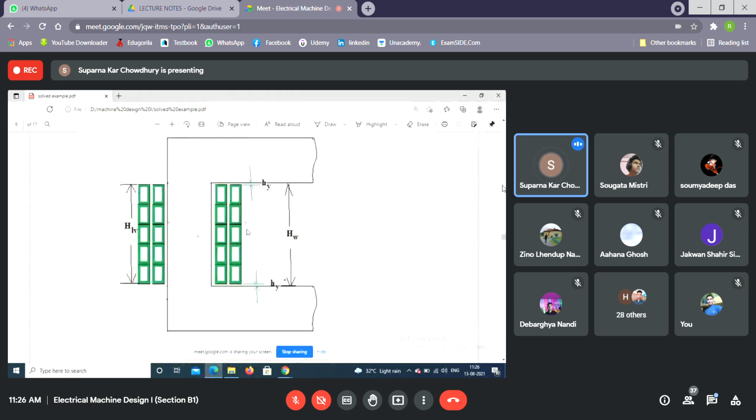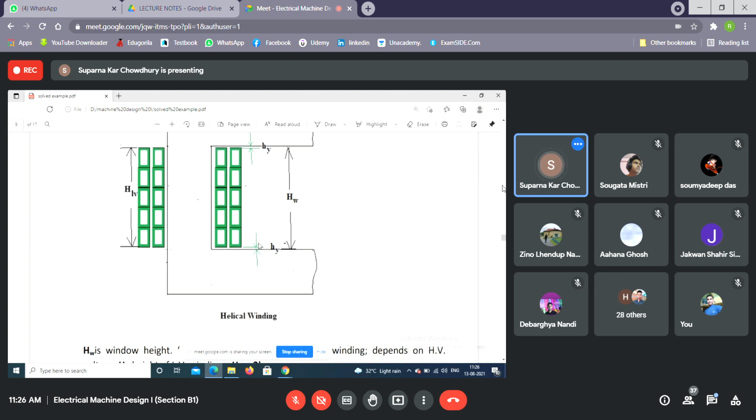That is the arrangement here. There will be a duct between these. Now how is this duct provided? Basically after the winding there will be an insulating cylinder, then spacers, then again an insulating cylinder. So between these 2 cylinders there will be a gap which will create the duct.